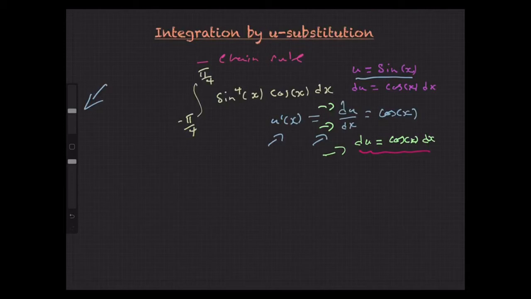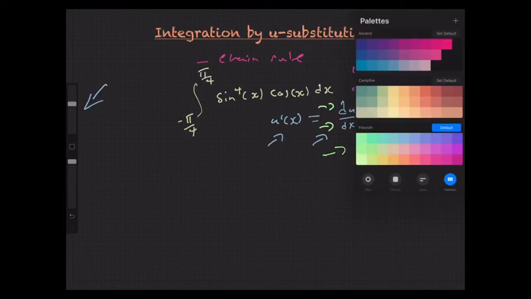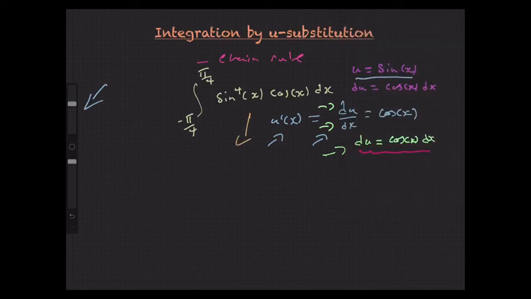I can rewrite this thing here now as the integral of u to the power of 4 times du. Again, making this substitution, the u is sine and the du is cosine of x dx. But then I'm not going to evaluate this thing from negative pi over 4 to pi over 4.